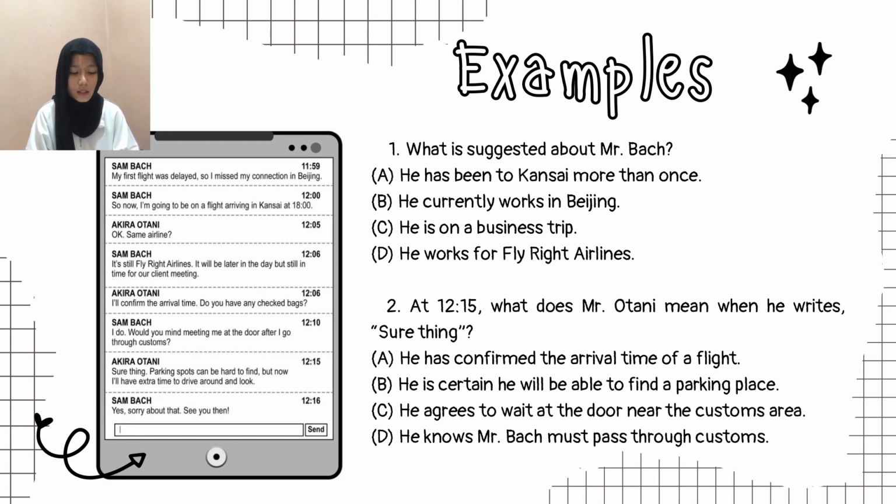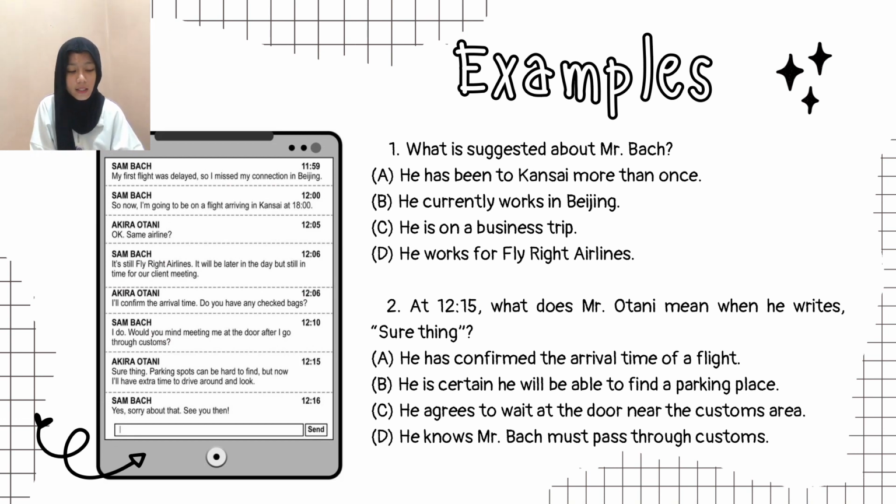B is he currently works in Beijing. C, he is on a business trip. D, he works for Fly-Right Airlines, which is wrong. The correct answer related to the text that we have just read is C.